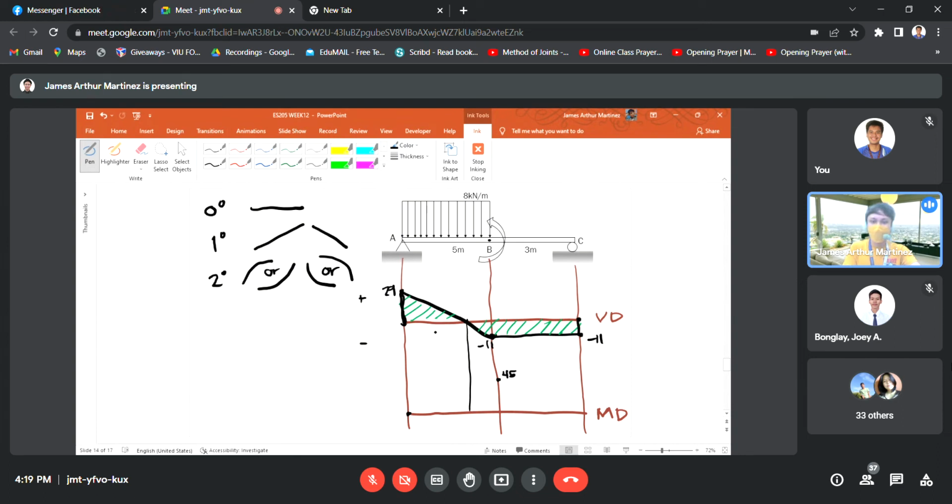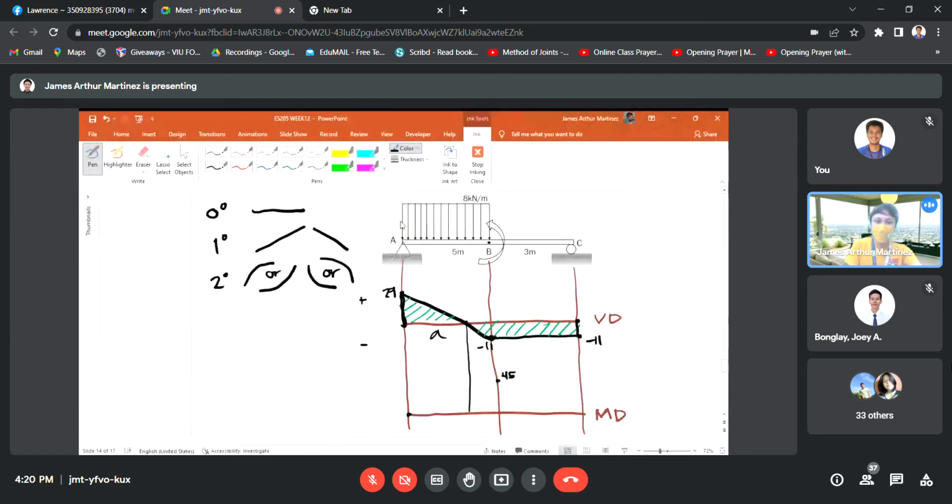So how do we determine it? We express it as distance A, from point A, or rather from the left support, until this point. We don't know how far that distance is, but we can obtain it by ratio and proportion, class.